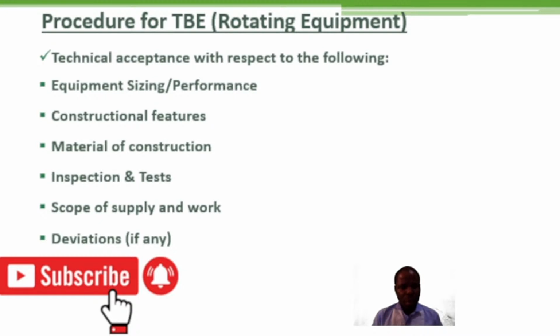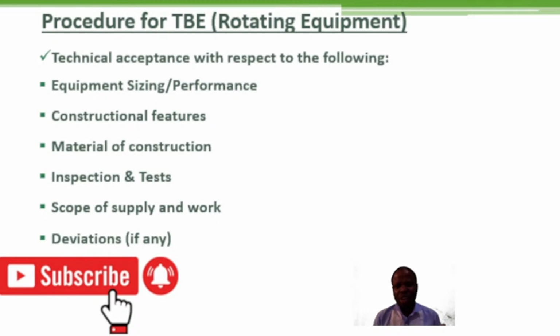And of course, what are the various inspection and test requirements as stated in the applicable standards, as stated in the applicable codes governing the designs of the equipment you are intending to purchase. And of course, you are also going to look at scope of supply and work. And lastly, deviations.